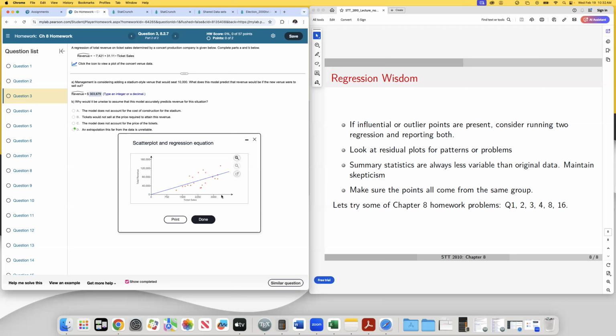Does that make sense? So extrapolation from the data is unreliable because our data set here ends at 3,500, but you are predicting 10,000. So remember, I think in chapter 7, we learned that we should be careful about extrapolation. So this is an example of that.